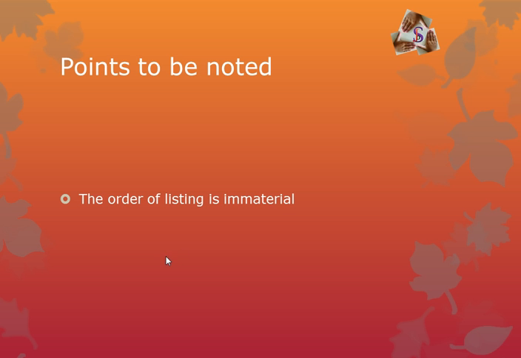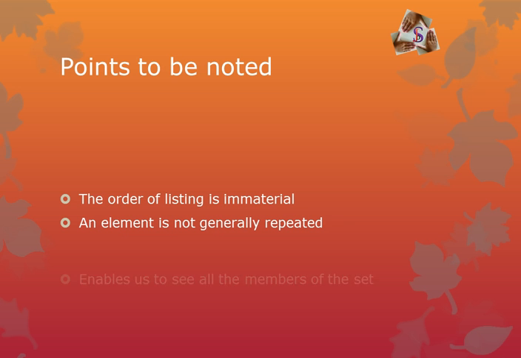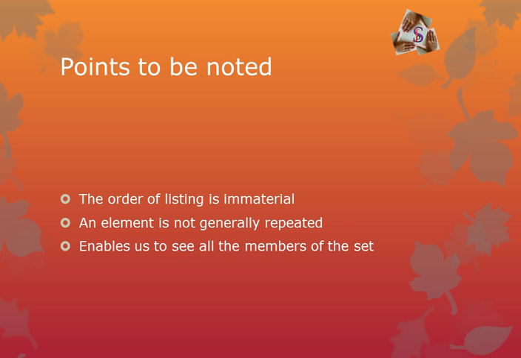So the order does not matter when we list out the elements for a set. But we must keep in mind that whichever element we are writing should not be repeated. And why is this very helpful? Because it helps us to see all the members of the set. Therefore, coming to conclusions becomes easier.